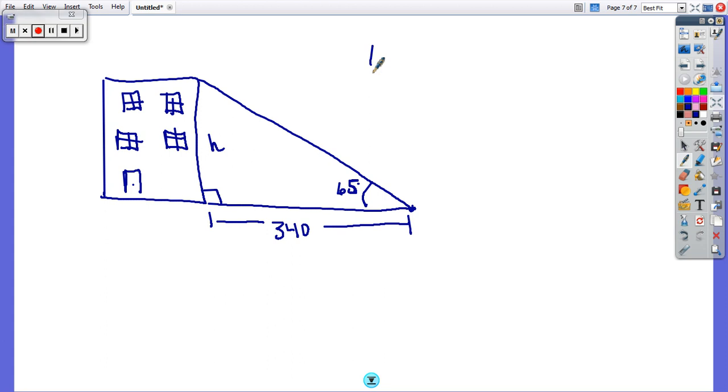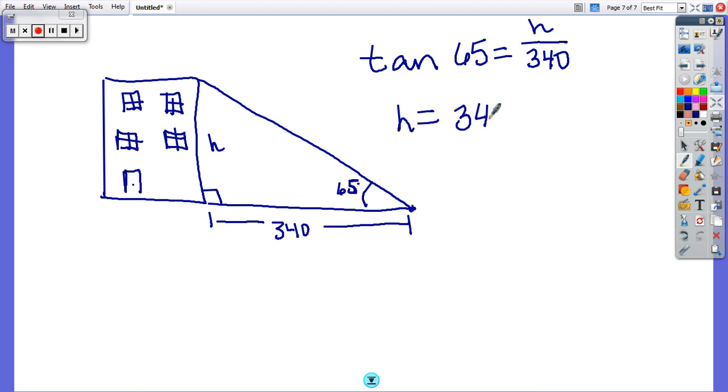So what I'm going to do is take the tangent, because tangent is opposite over adjacent. The tangent of 65 degrees is equal to opposite, which I don't know, is h, over adjacent, which is 340, and I'm going to solve for h, just like I did in the previous problem. H is equal to 340 times the tangent of 65.